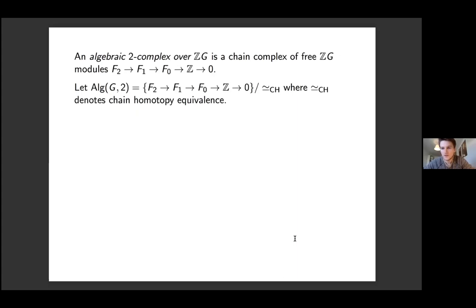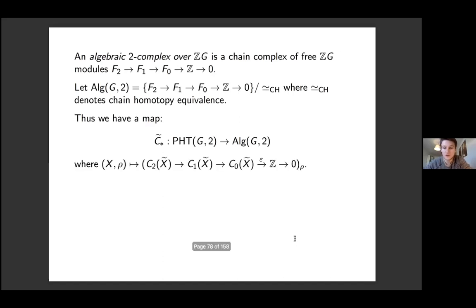What we've actually shown via the previous construction is that we have a map C tilde star from the set of polarized 2 complexes to the set of algebraic 2 complexes. In other words, (X, rho) just maps to this resolution, which we then use this map rho to convert into a sequence of ZG modules.